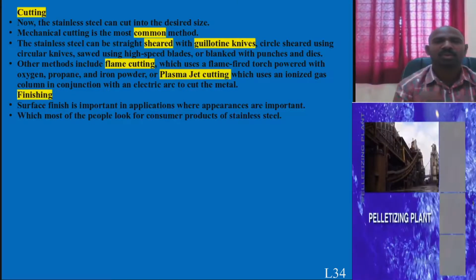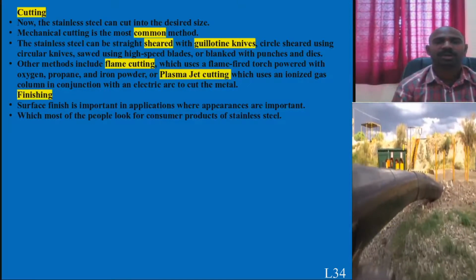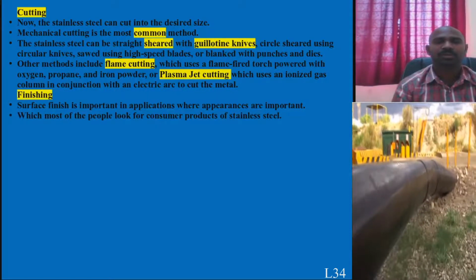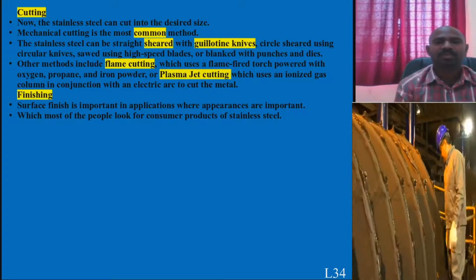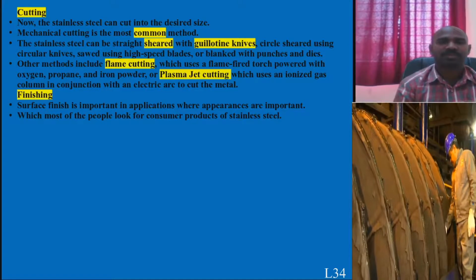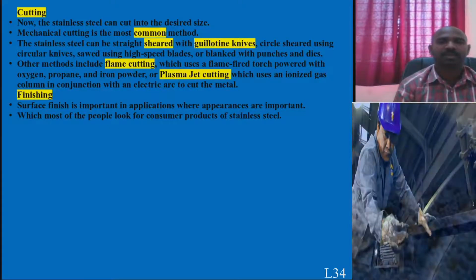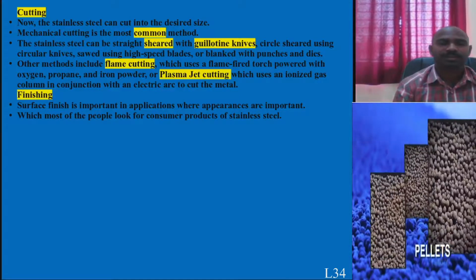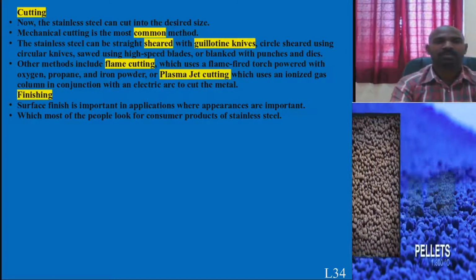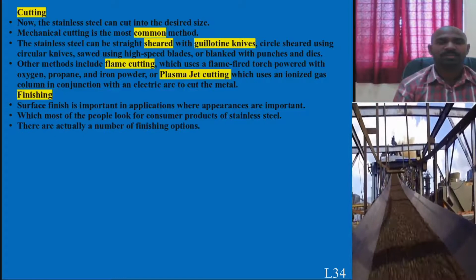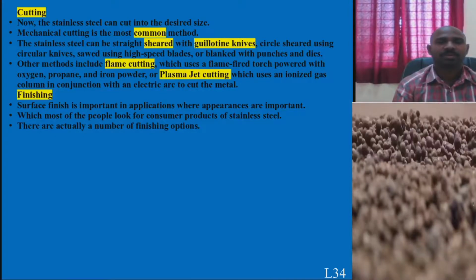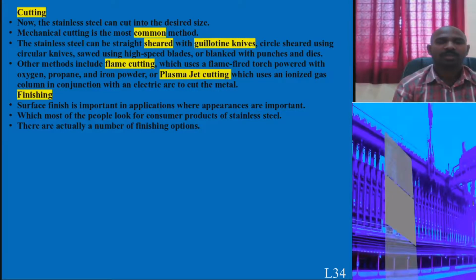Why is the surface finish important? Most of the people, whenever they go for buying the consumer goods, will see the appearance. How does it appear? Whether it attracts with a good surface finish and shiny or not. It is the usual tendency of human beings. Even for large applications it is observed.